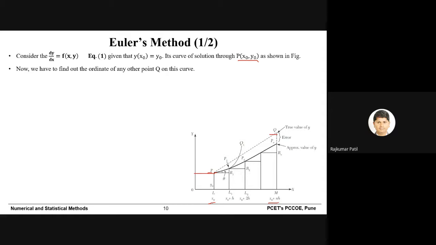So Euler method is used for estimating the approximate value of y, that is, the ordinate of Q.